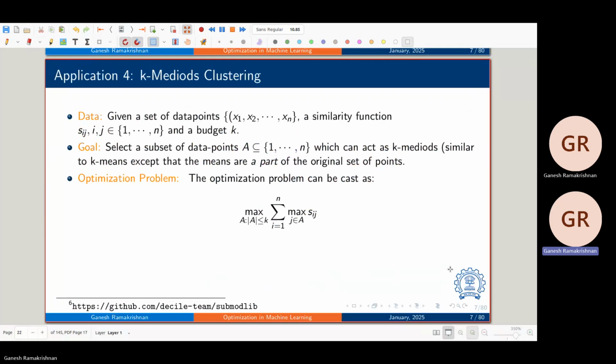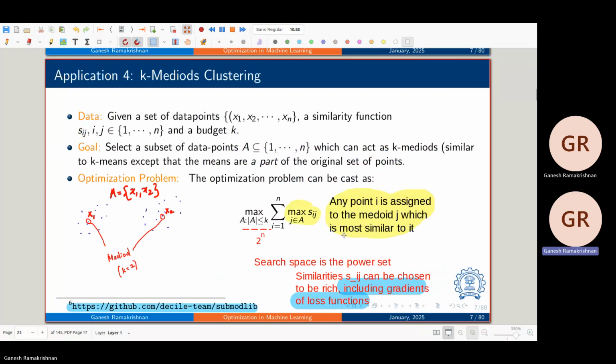So I want to sum this across all the points I in A. And I want to find a set of points A which contain those points J, such that it maximizes this overall similarity of each point I to the closest cluster or centroid or medoid in this case. So that's the whole point. A point I is assigned to the medoid J, which is most similar to it.